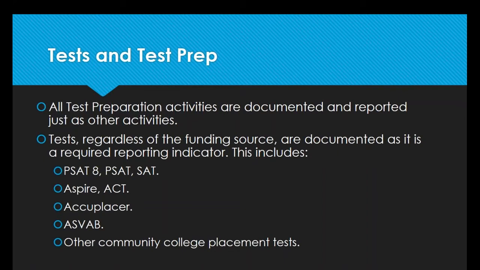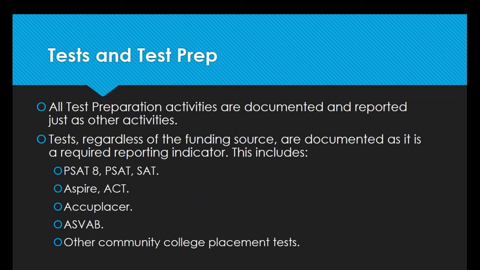Then test is one place where things are a little bit different than everything else I just said. So regardless of the funding source, we want to document the tests that students take. Specifically PSAT 8, PSAT, SAT, Aspire, ACT, Accuplacer, ASVAB, and any other community college placement tests. So the Department of Ed asks us specifically to report these test completion statistics for our students.